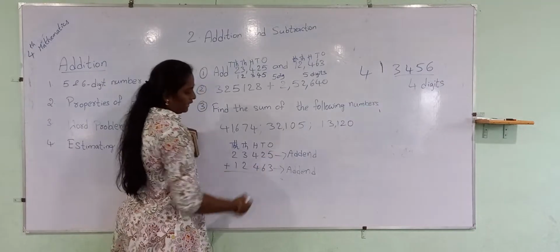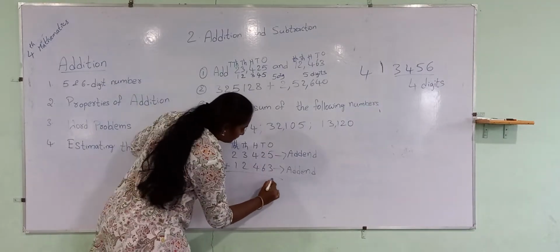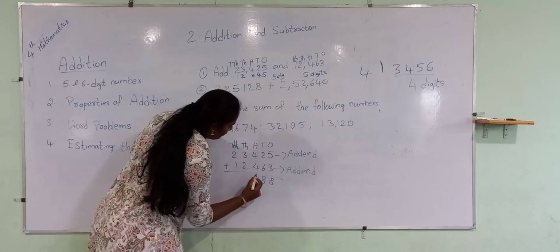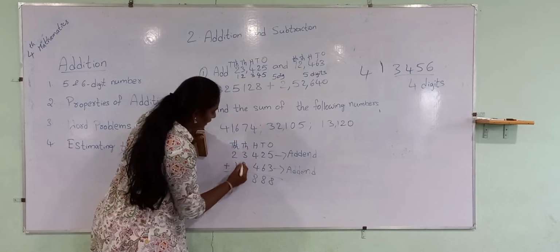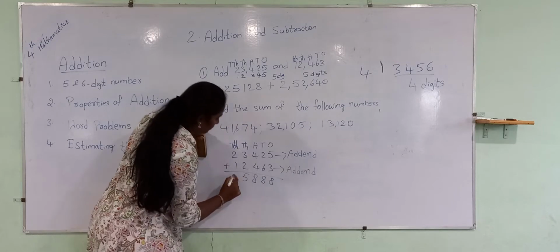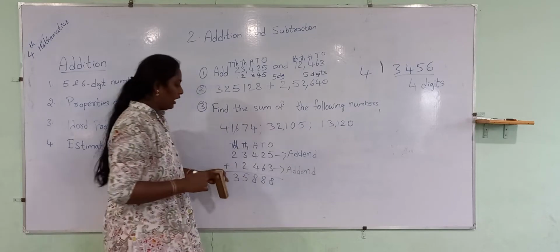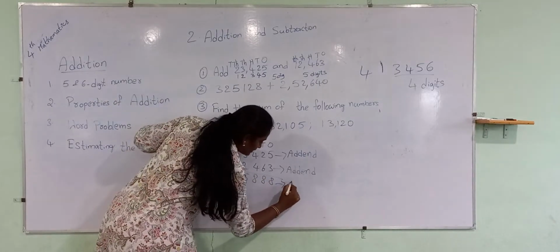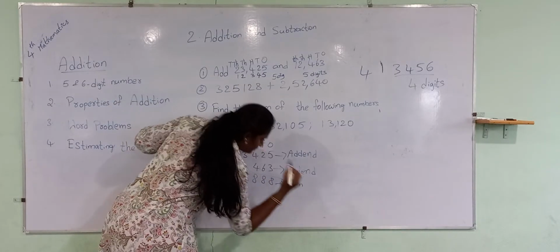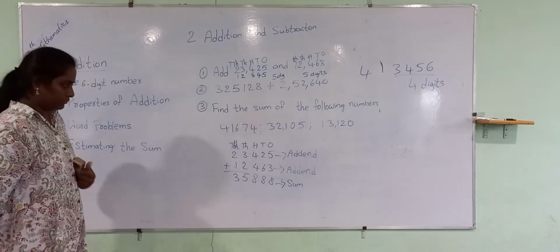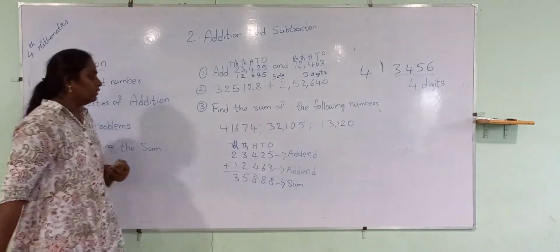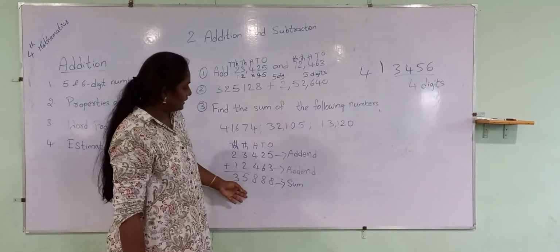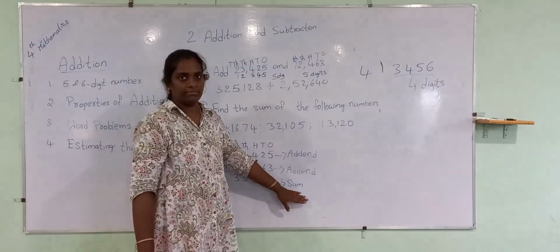Now do the addition. 5 plus 3, 8. 2 plus 6, 8. 4 plus 4, 8. 3 plus 2, 5. 2 plus 1, 3. Now we get the result. What do we call this result? Sum. The result we call sum.